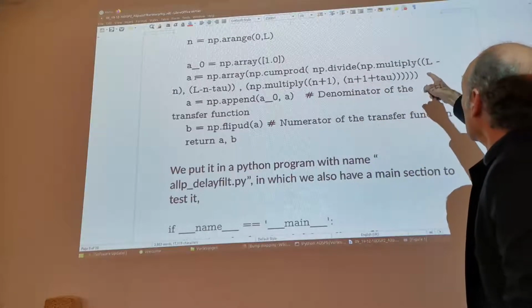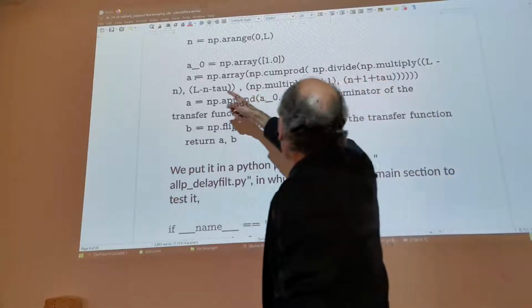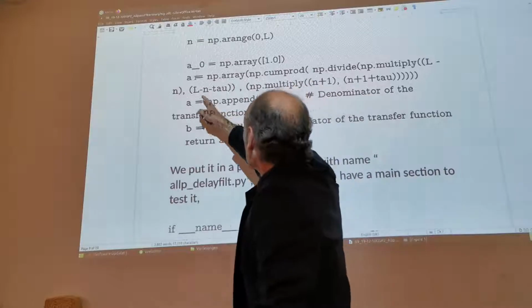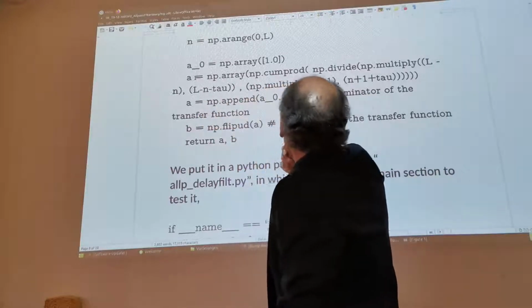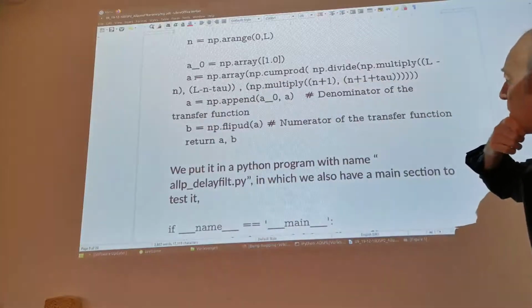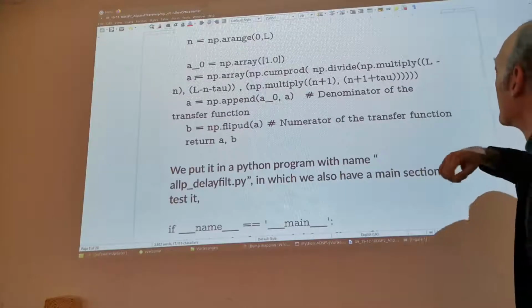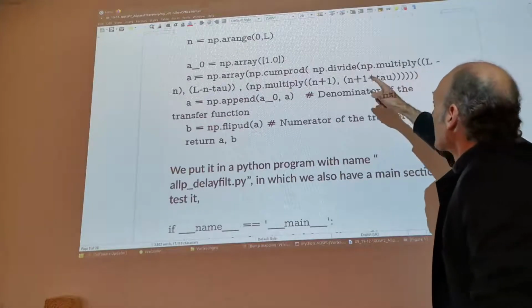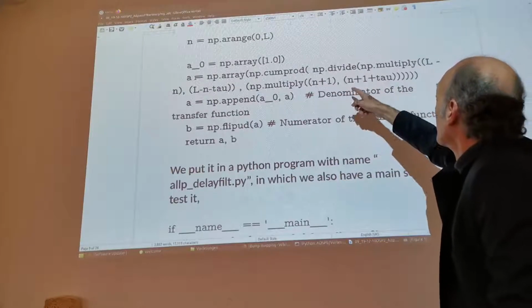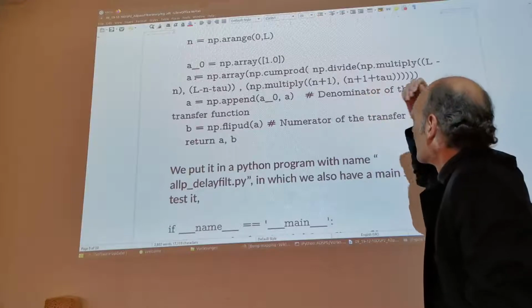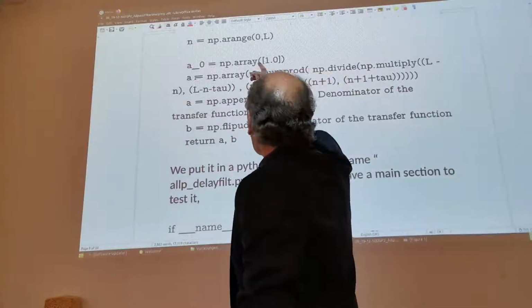So we have L minus n, which is an array, and then we have L minus n minus tau, which is also an array. So here we do the multiplication of those two arrays, and here we do a multiplication again of those two arrays, and then we append those two.